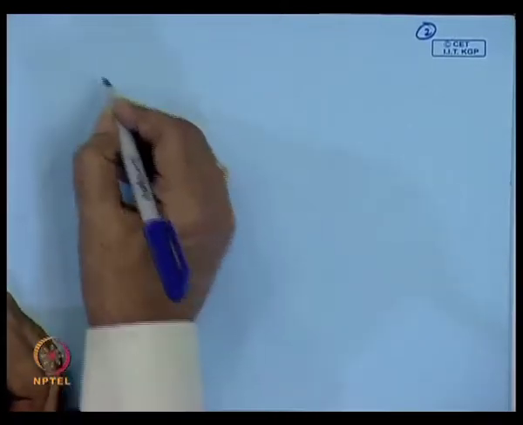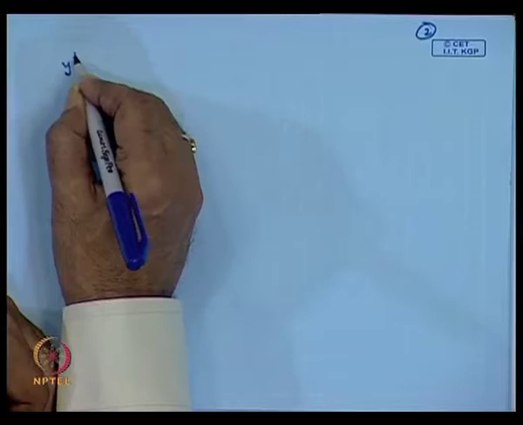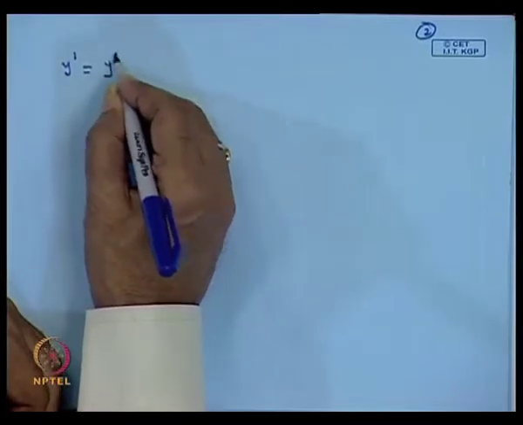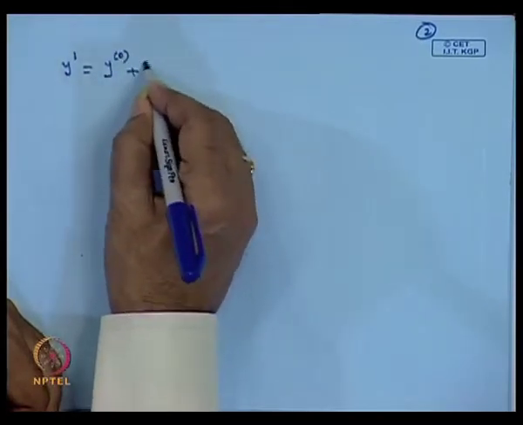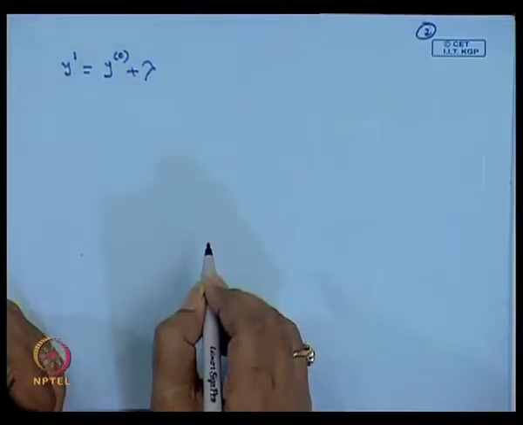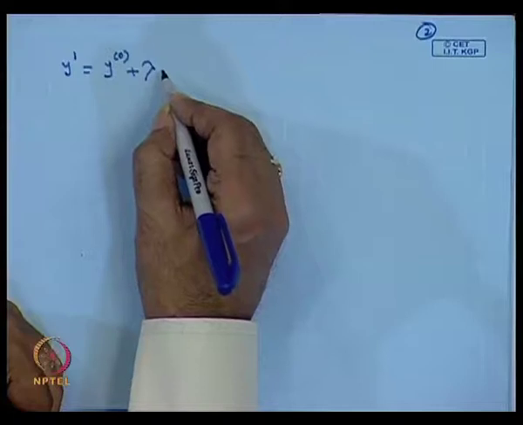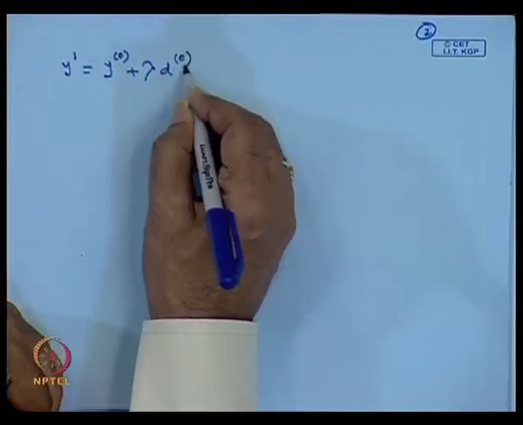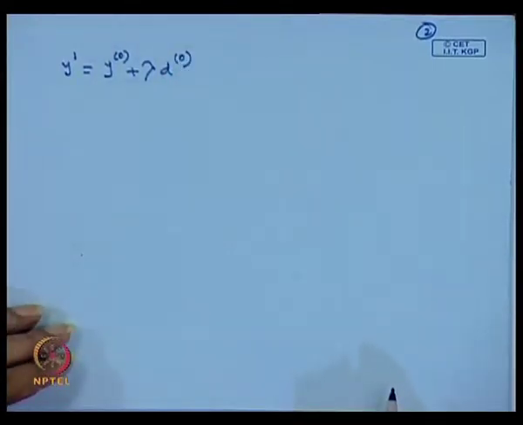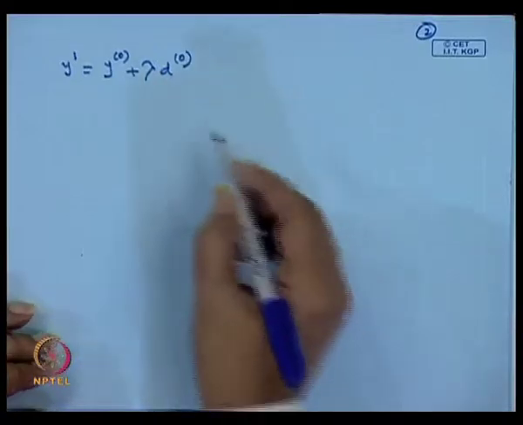If you see this, our y of 1 is equal to y of 0 plus lambda d of 0, agree.